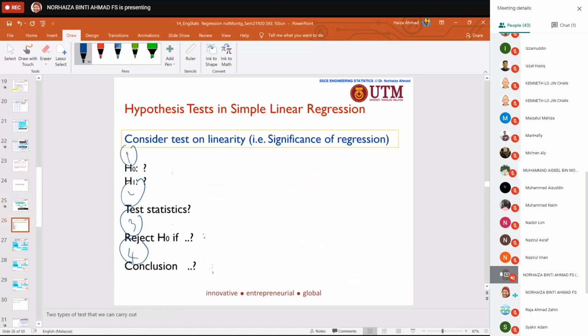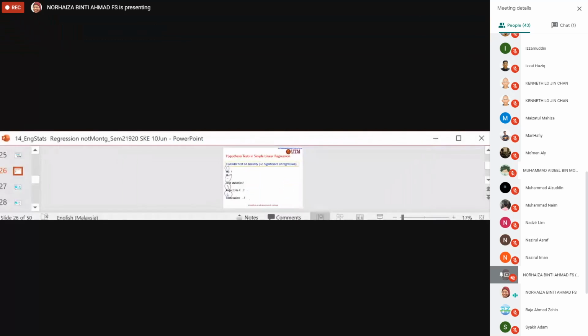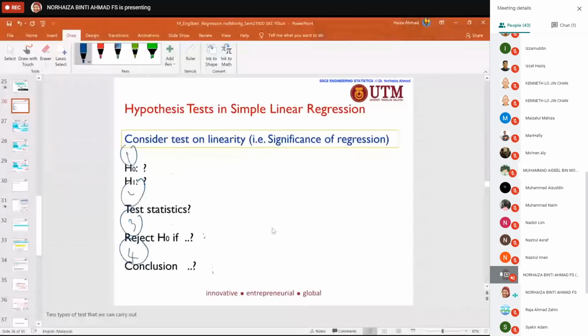So when you do a hypothesis test, just like any other hypothesis test that you have done before, it is these 4 steps: defining your hypothesis, calculating your test statistics, getting a rejection rule, and a conclusion.